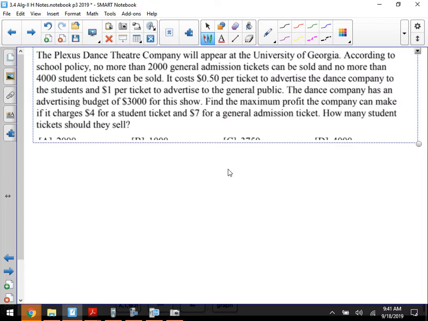If we're saying that you get $4 for it, think of this as your profit, $4. You don't have to worry about backing out the cost of advertising per person. That's going to be a completely different problem. If it were something like that, it would be worded where I wouldn't tell you what your profit is at all. I'd say a shirt costs you $20 to buy, you're selling it for $26. Pants cost you $15 to buy, and you're selling for $21. So on and so on.